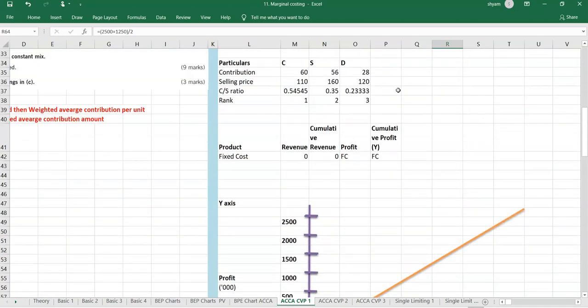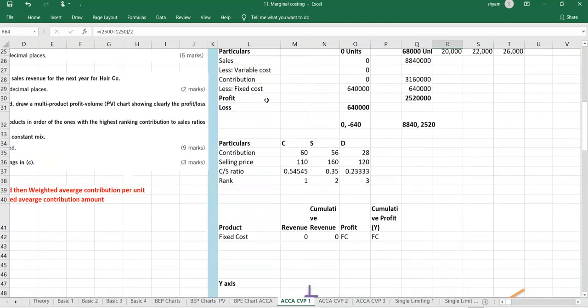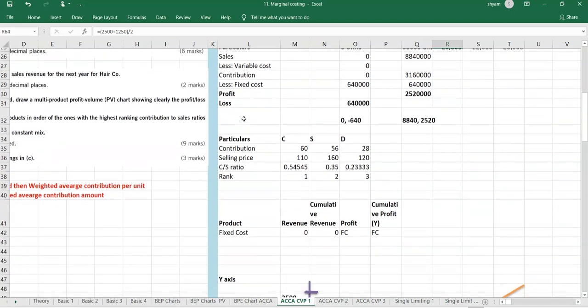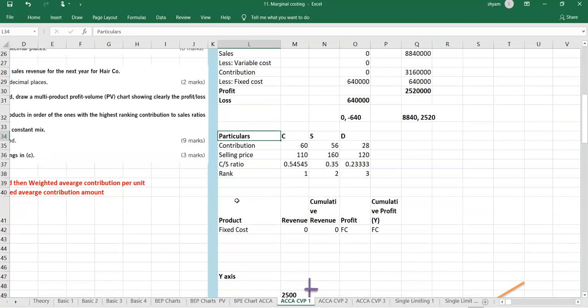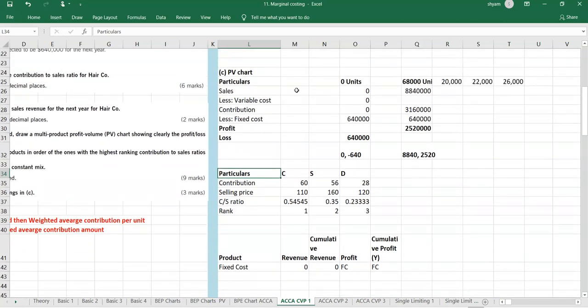Now we have to draw the second line based upon the contribution per unit. We have already drawn a chart based on constant sales.